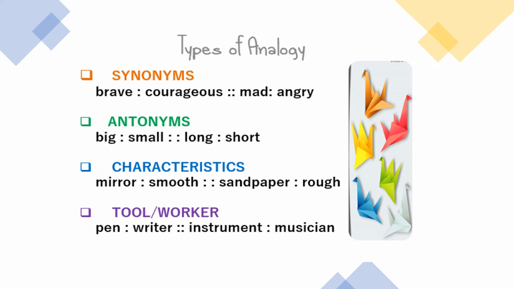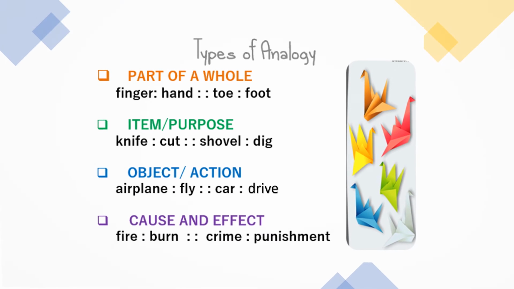Characteristics, we have mirror is to smooth, as sandpaper is to rough. Tool to worker, we have pen is to writer, as instrument is to musician. Now, other types of analogy, we have part of a whole.